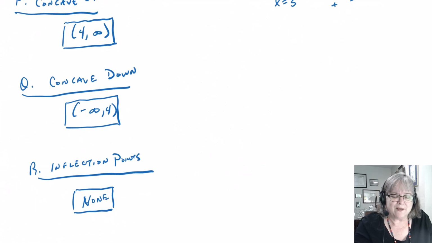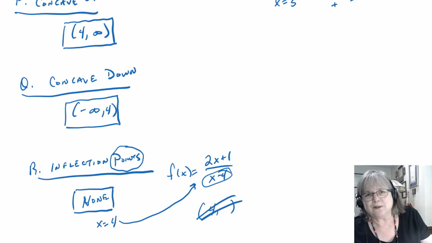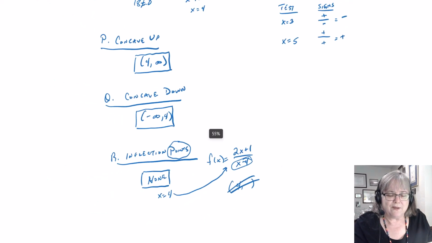This is one of the reasons I make them do points: if you went to the original function, because you got distracted for a minute, or you're tired, who knows, and you had said, oh, I think there's an inflection point at 4, when you try to find the y value, you would have gone, oh, I can't have 4. That gives me 0 down here. Oh yeah, that's right, there's a vertical asymptote there. So coming back with points is actually beneficial for you.